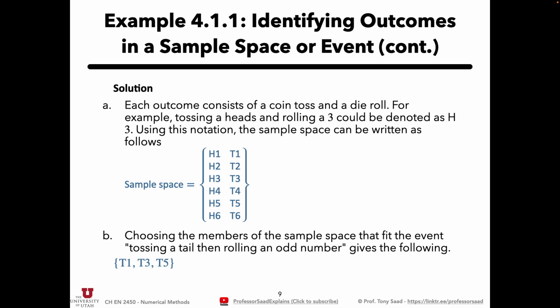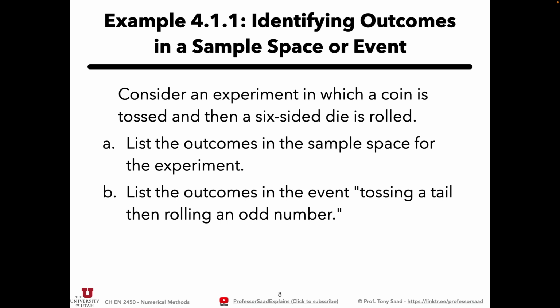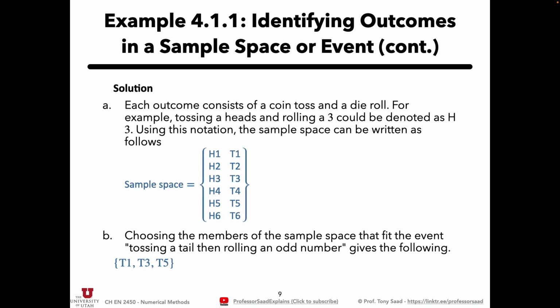Now, I have a second question. List the outcomes, the contents, of the following event. The event says tossing a tail and then rolling an odd number in that sequence. That's a subset of the sample space, because I'm not interested in heads anymore, so I can exclude all of those.